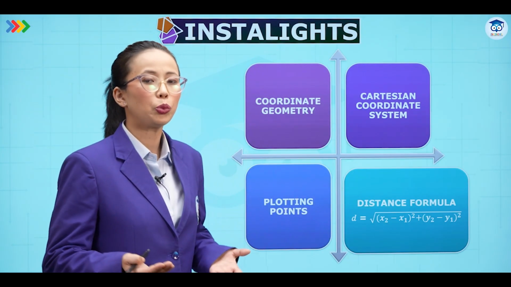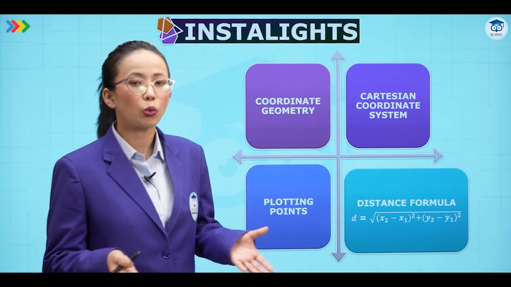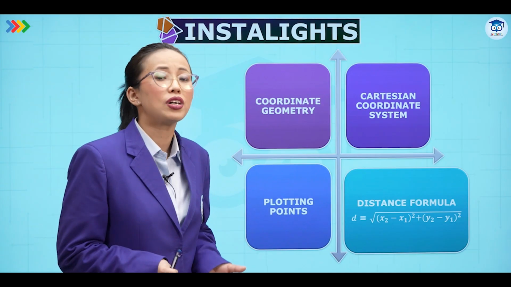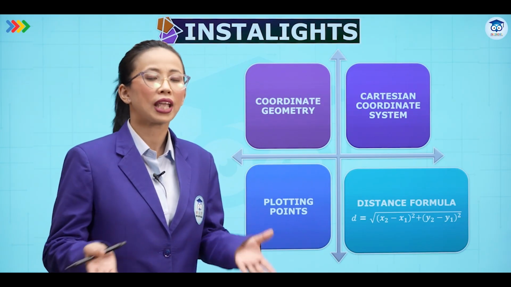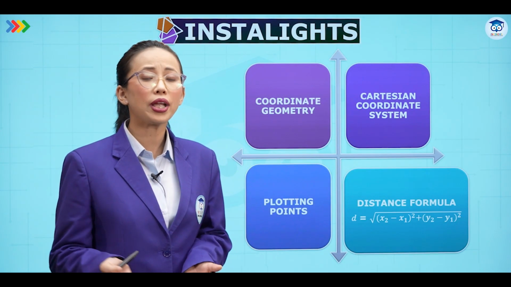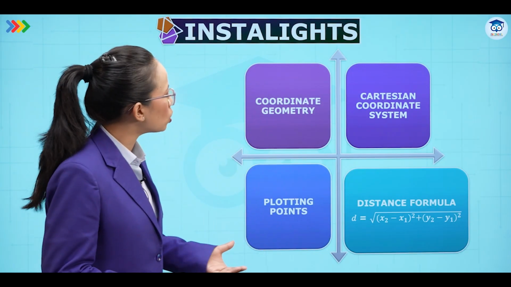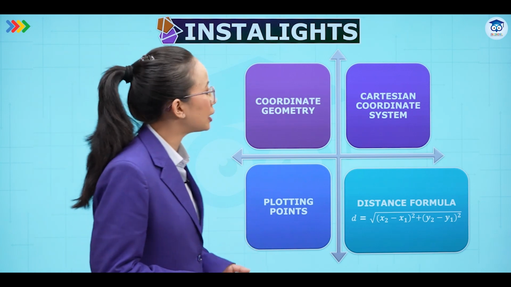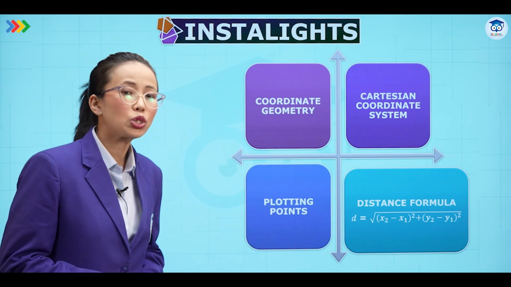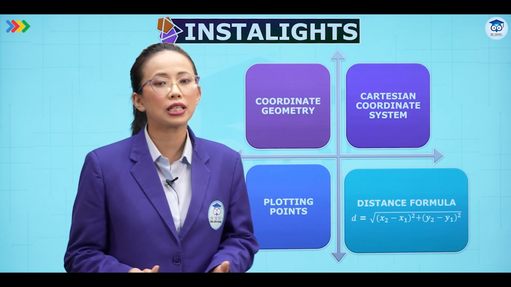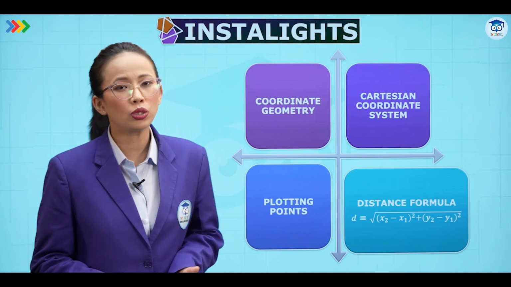How to plot the points with the x-coordinate and the y-coordinate. The x-coordinate, the first value, is known as the abscissa, and the y-coordinate is known as the ordinate. Okay, we have also learned the distance formula, which is nothing but under root x2 minus x1 the whole square plus y2 minus y1 the whole square.